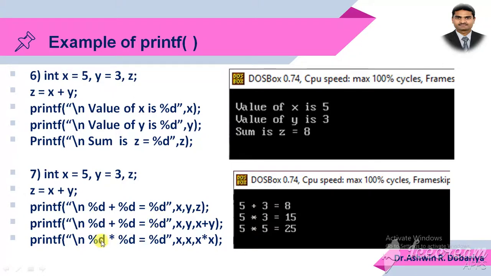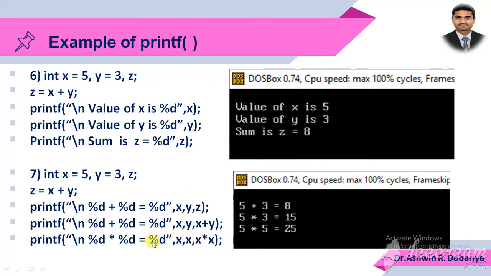And the third is, suppose you want to display the square of a number, then %d. So suppose you want to display the square of 5. So here 5 is repeated 2 times, so 2 times %d, in between we want to display a star, so the star will be as it is. Then we want to display equal to, so equal to is displayed as it is.